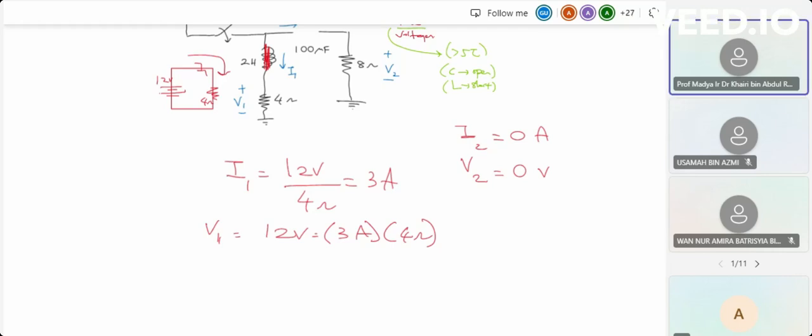Okay, so that's it for inductors. Any questions before we move on? What's important is that for inductors, VL equals L di over dt, and for capacitors, IC equals C dVc over dt, right?